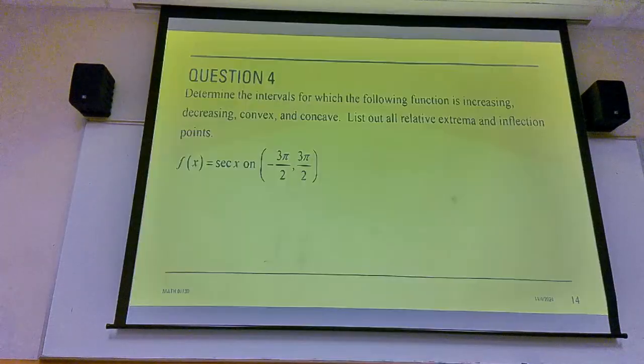Trig function would be fun. What's f prime? What's f double prime?